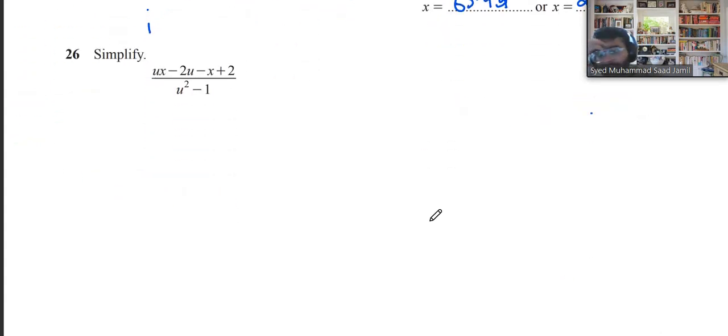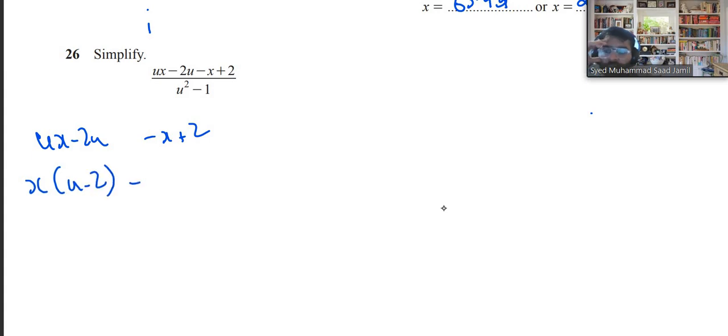Next question says simplify. So okay, in this question, first simplify this. Ux minus 2u minus x plus 2. Take x as common, it becomes u minus 2. Take minus 1 as common. Oh, wait a minute, no, you can't do that over here. So wait a minute, let me do this one again.